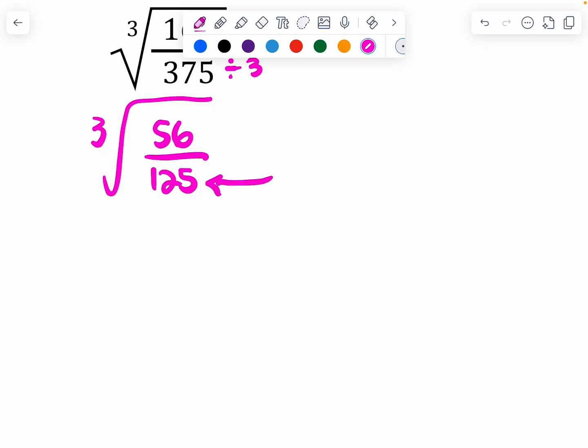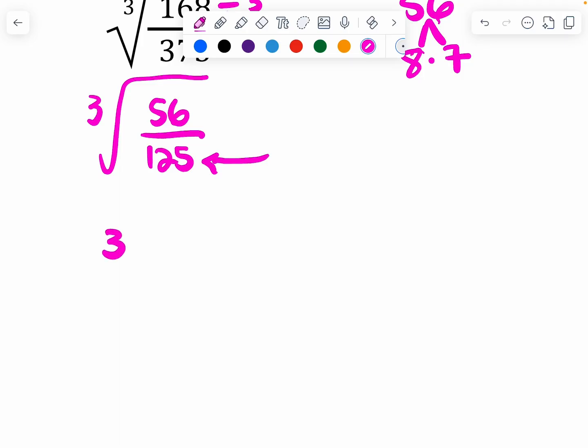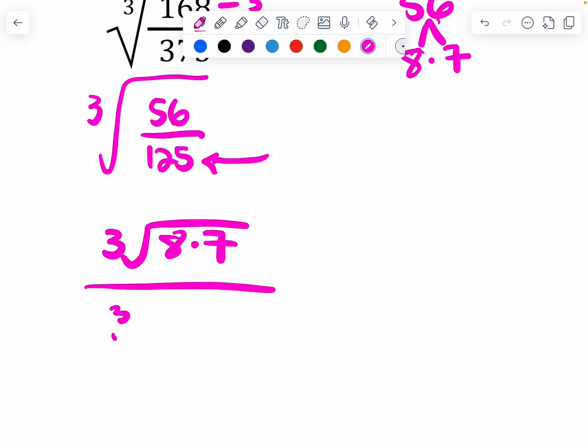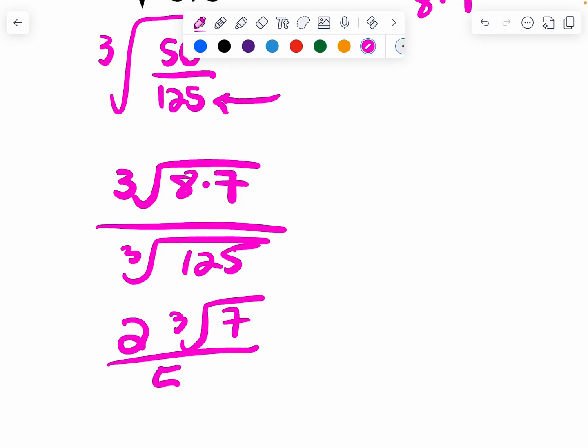This is a perfect cube down here. So 56, 8 goes into that 7 times. So we have the cubed root of 8 times 7 over the cubed root of 125. The cubed root of 8 is 2. You can't take the cubed root of 7. And then the cubed root of 125 is 5.